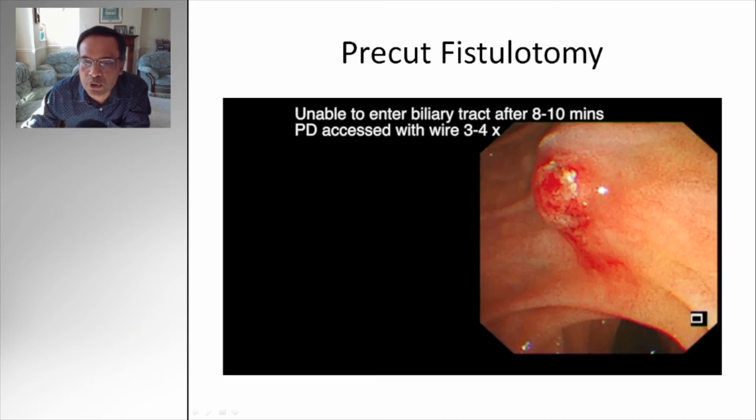Here is an example of Precut fistulotomy. In this example, we've been unable to enter the bile duct after 8 to 10 minutes, and the pancreatic duct has been accessed with the wire 3 or 4 times, but the wire has fallen out.